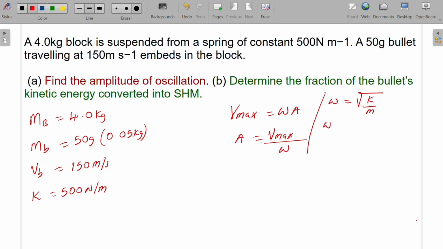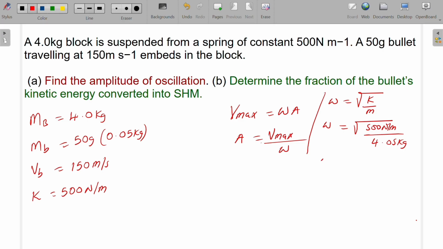This angular frequency can be given by the square root of k over m. k is 500 newtons per meter, given in the question, and our mass of the system, when you add 4 to 0.05, we are getting 4.05, and this is in the unit of kgs.